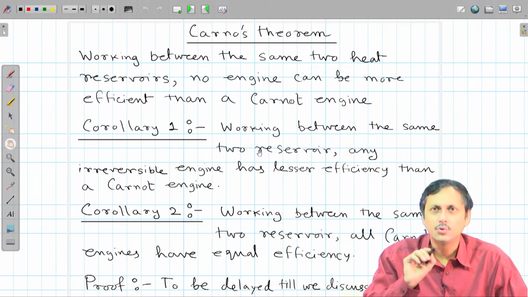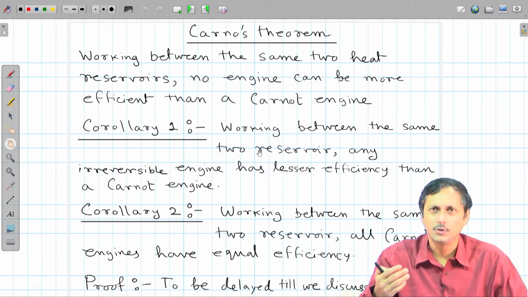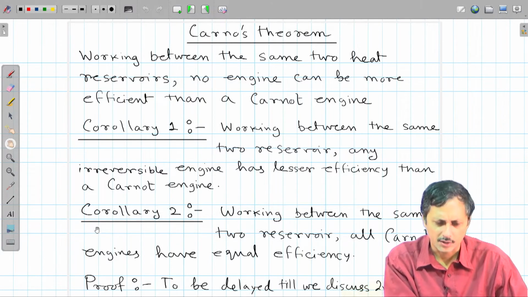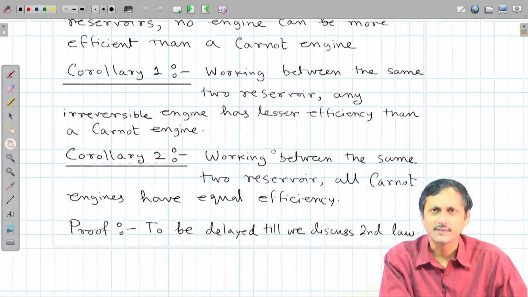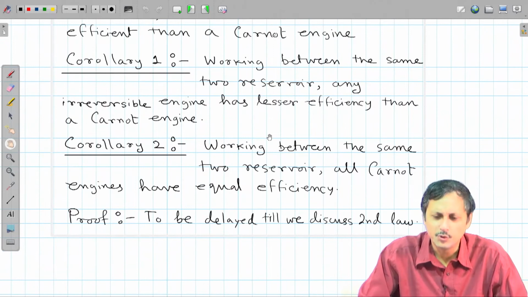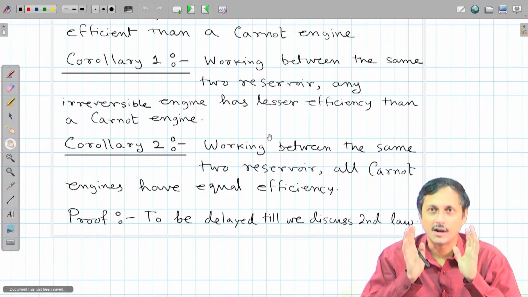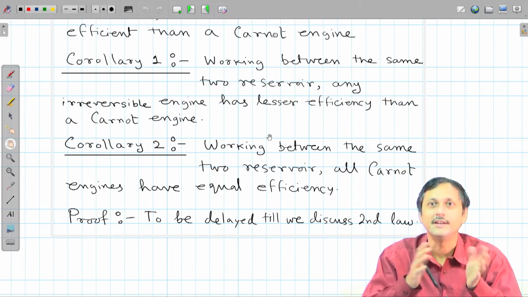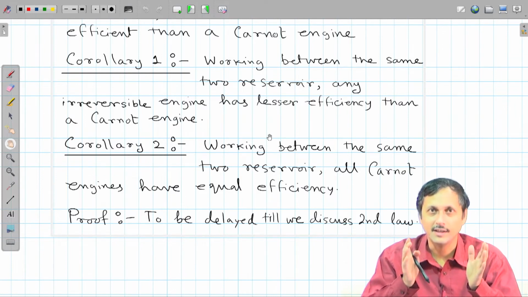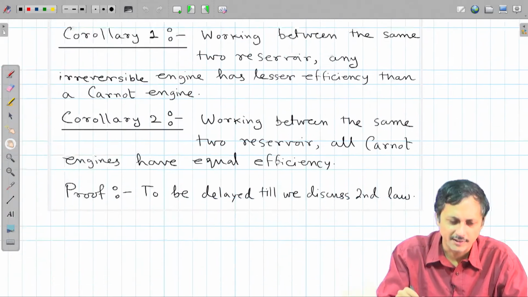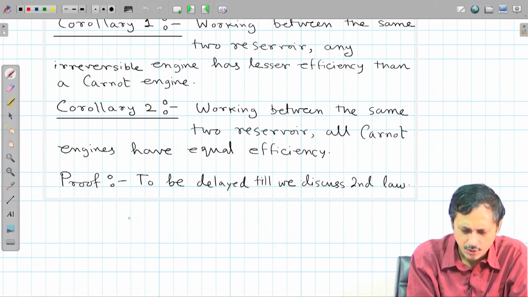Okay. So, there are two additional conclusions that come out of Carnot theorem. These are corollary 1 and corollary 2. Corollary 1 says, working between the same two reservoirs, any irreversible engine has lesser efficiency than a Carnot engine. Please remember, we keep using the word Carnot engine and a reversible engine interchangeably. Whenever an engine is reversible, we assume that this is Carnot.